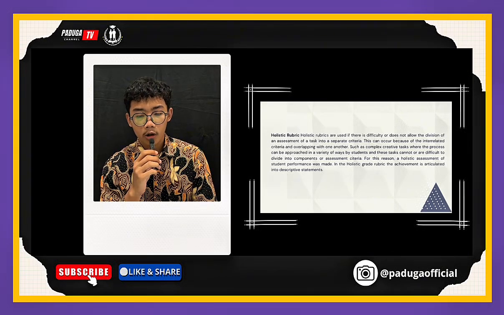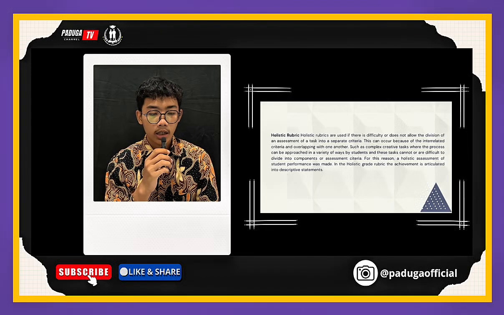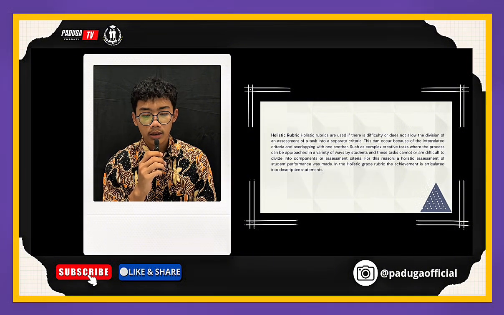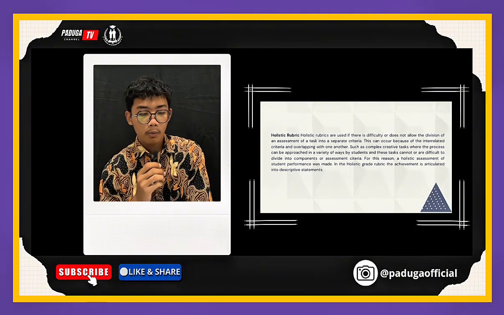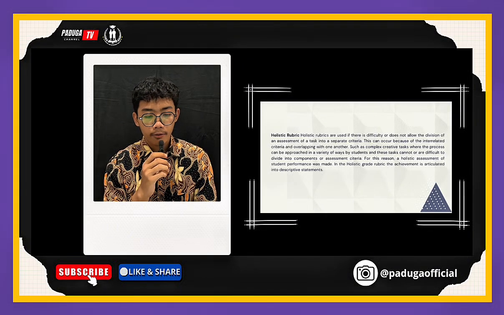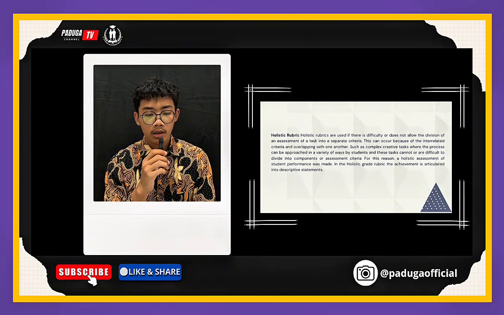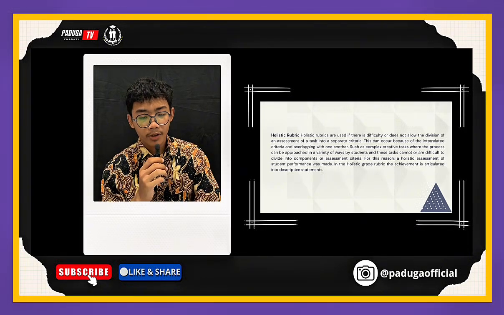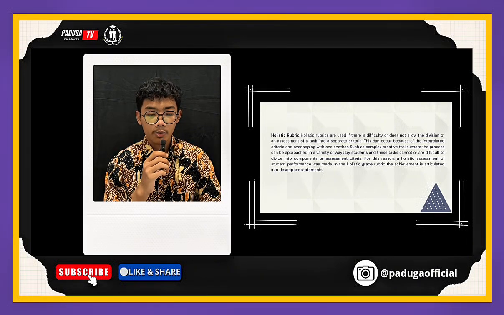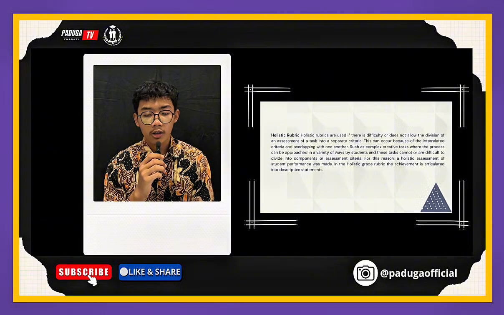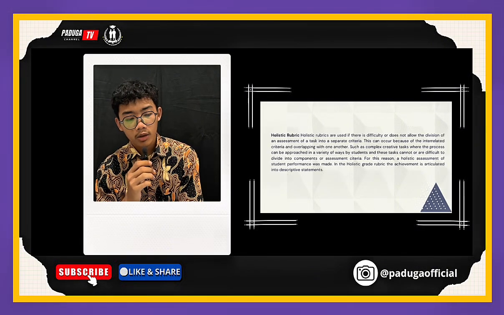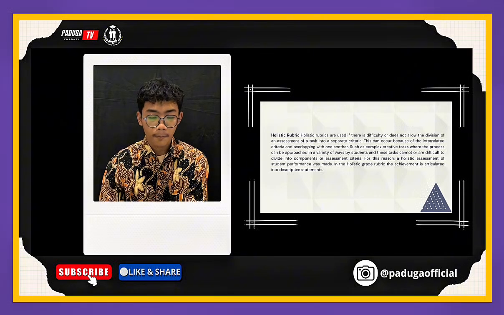This can occur because of interrelated criteria overlapping with one another, such as a complex creative text where the process can be approached in a variety of ways by students and the text cannot or is difficult to divide into components or assessment criteria. For this reason, a holistic assessment of student performance is made. In the holistic rubric, the assessment is articulated into descriptive statements.